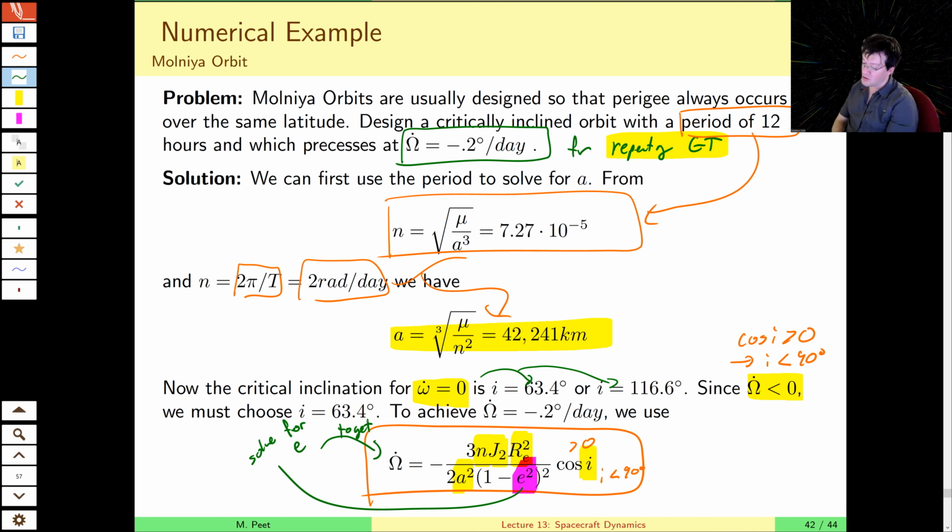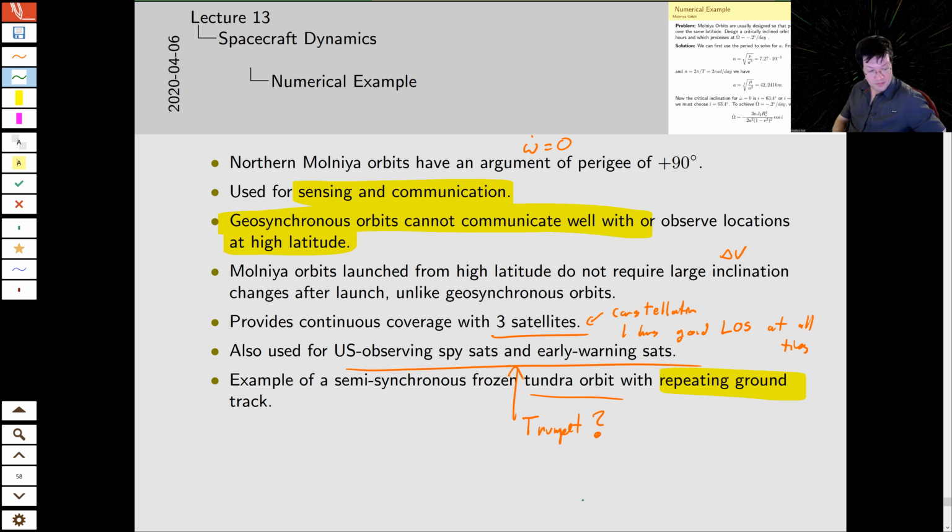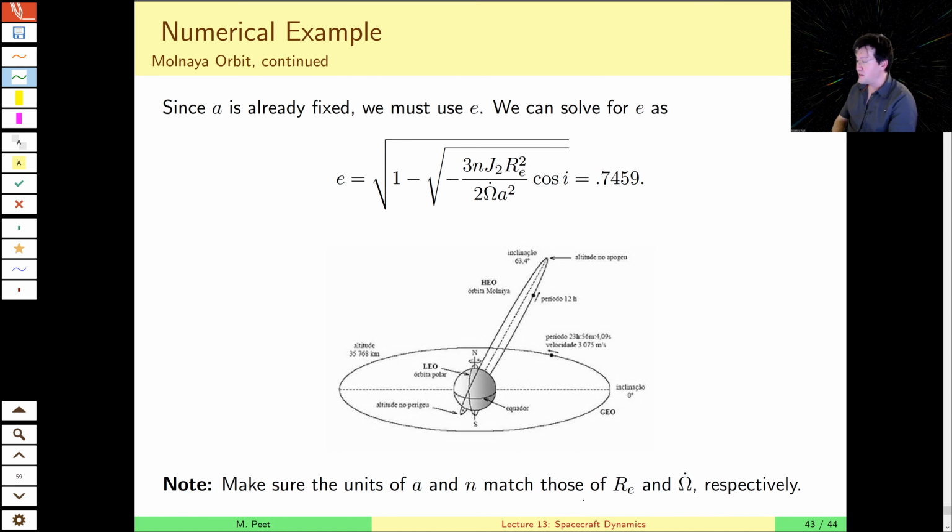Right. So basically what we've got to do is invert this equation and solve for E. And that's this formula here, right? It's ugly, but what you're going to do.